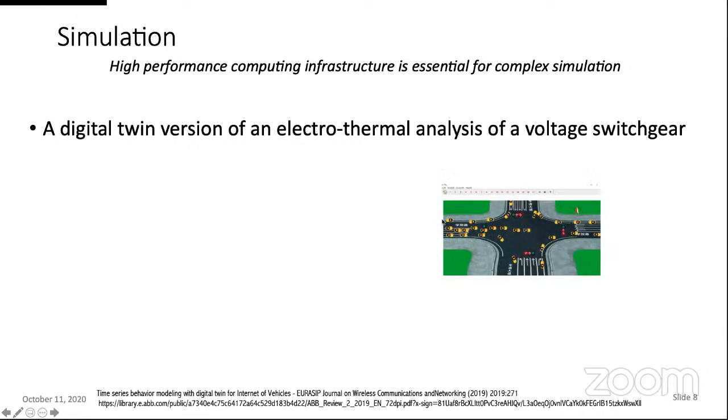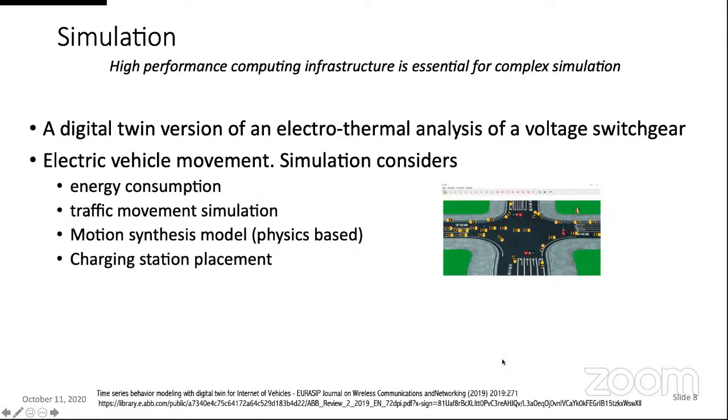Another example, again, I have taken from this paper on time series behavior modeling with digital twin. This simulates electric vehicles that are running in a city, and it tries to understand the electric vehicle movement, and it considers things like how much energy the electric vehicle is consuming. It simulates the traffic movement, and it obviously requires physics-based motion synthesis.